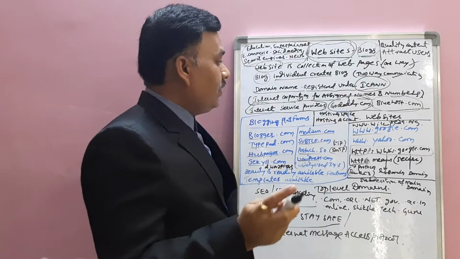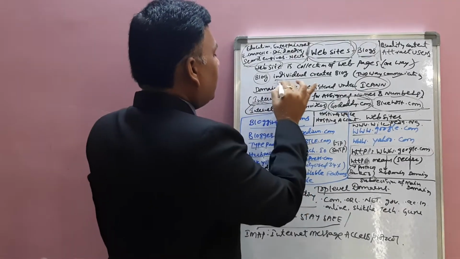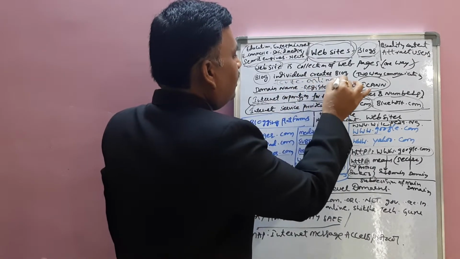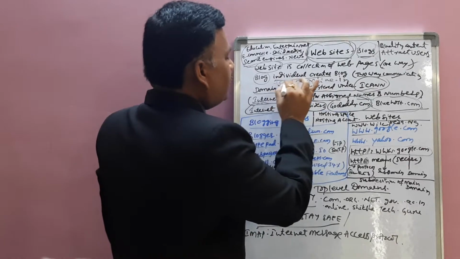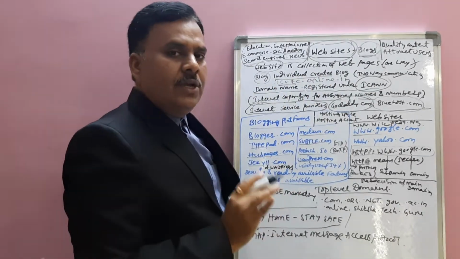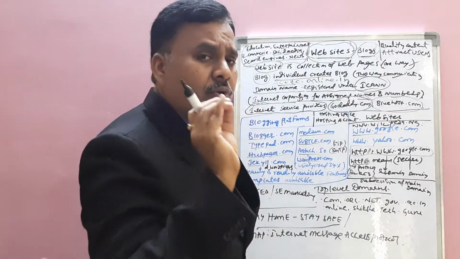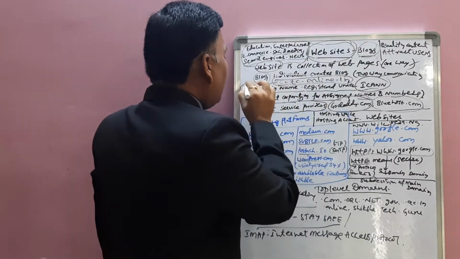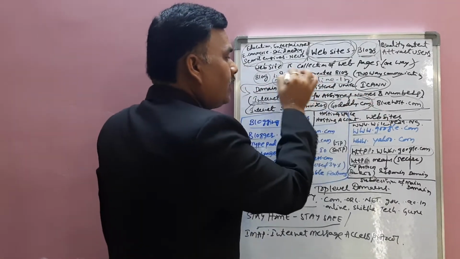For example, tsrtc.online.in. If you want to purchase Telangana State Road Transport Corporation's name, you cannot. Even if you give crores of rupees, they will not provide it, because it is already provided by ICANN to TSRTC.